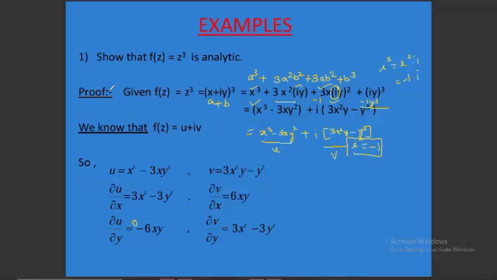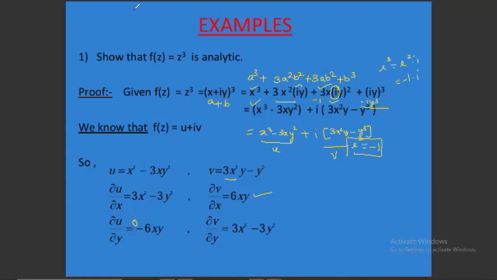Next, v x: partial differentiation with respect to x, 3 into 2 x power 2 minus 1, so 6xy. And dou v divided by dou y is equal to 3x squared minus 3y squared.